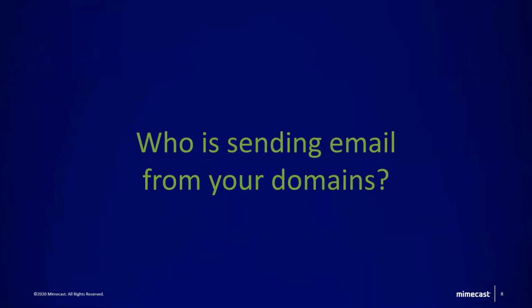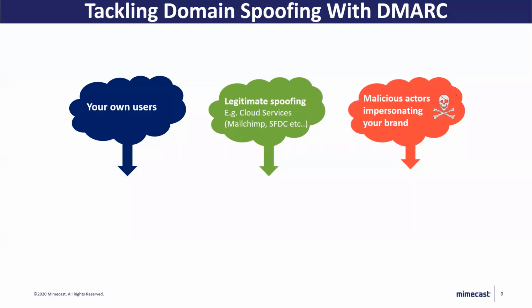So protecting against domain spoofing is about understanding who is sending email from your domains, so you can differentiate between legitimate use and fraudulent senders. DMARC stands for Domain-based Message Authentication, Reporting and Conformance. I don't expect anyone to remember that the first time they hear it, and there's not going to be a quiz at the end.